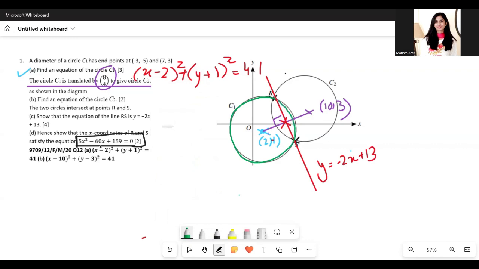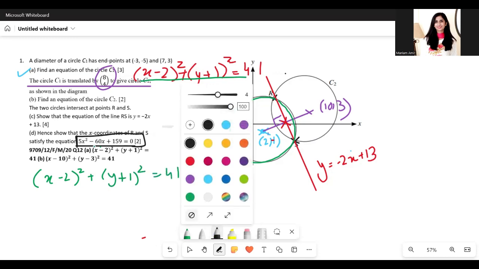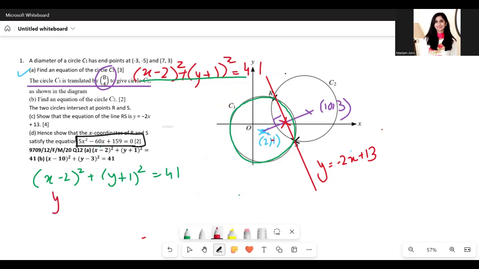So now I have two equations passing through R and S. One of them is the equation of circle C1, that was (x minus 2) whole squared plus (y plus 1) whole squared equals 41. And the other one is the straight line equation y equals negative 2x plus 13. Use the substitution method, replace this y with negative 2x plus 13, expand completely, you should be able to get this.